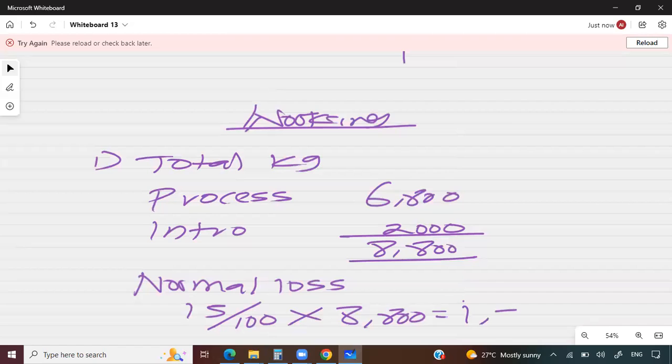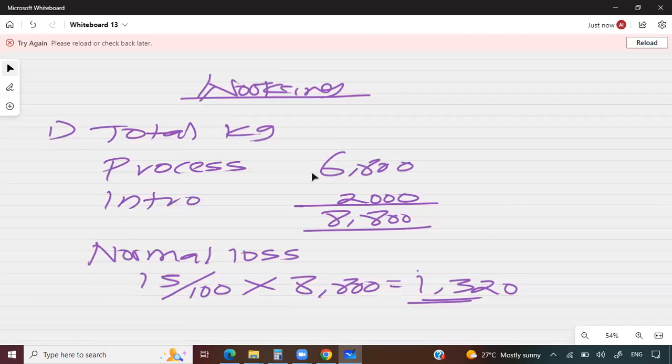So this is 1,320 as our normal loss. I hope everybody understands this.